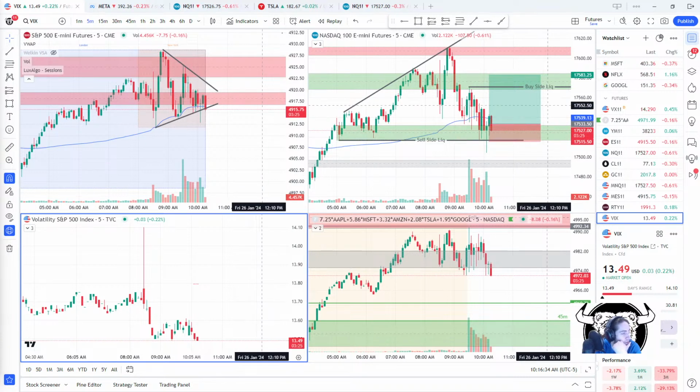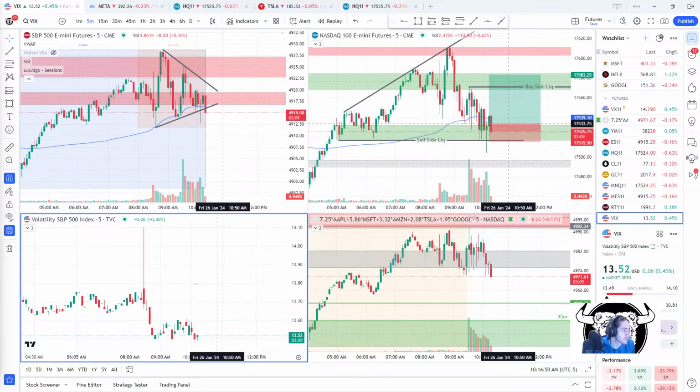Probably going to wait for this candle to close, but we've got 320 left in it. That weighted index just got crazy weak. Again, guys, we're looking weaker right now. It's hard to be bullish. Just because we took out that buy side liquidity, sell side liquidity, we still failed demand.